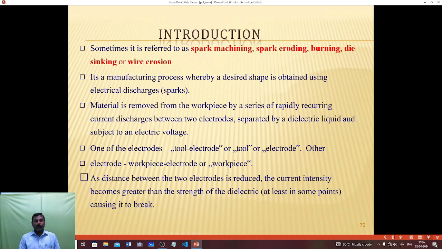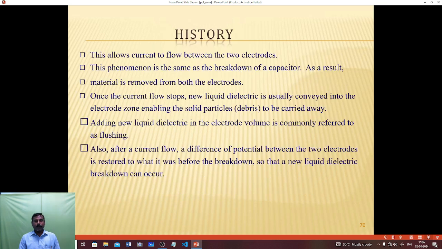One of the electrodes is the tool electrode, or tool, and the other is the workpiece electrode. As the distance between the two electrodes is reduced, the current intensity becomes greater than the strength of the dielectric. This allows current to flow between the two electrodes. This phenomenon is the same as the breakdown of a capacitor.